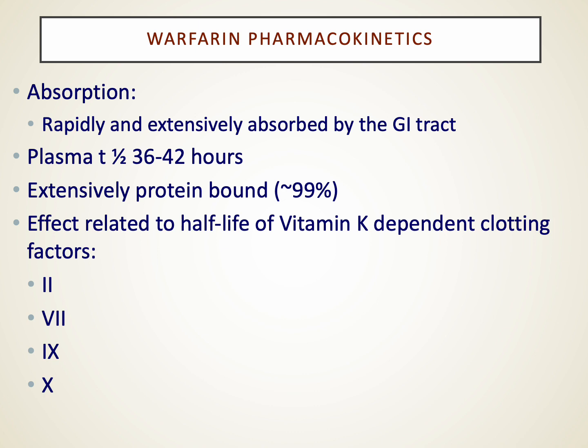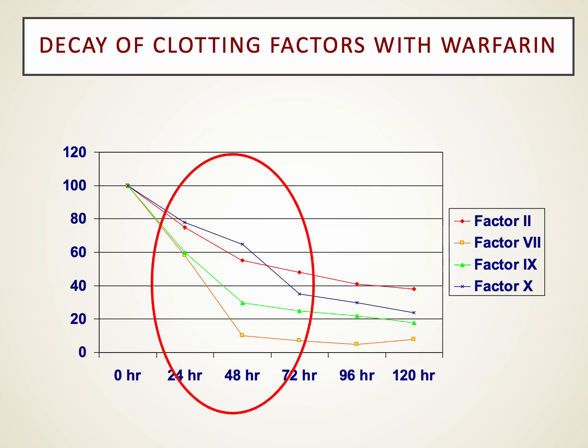Because, okay, let's say you fully interfered with a lot of the synthesis for factors 2, 7, 9, and 10. You won't begin to see an anticoagulant effect for a couple of days until the existing clotting factors 2, 7, 9, and 10 have begun to decay. So this graphic displays more or less what you'd expect to see for the decay of clotting factors over 24 to 48 hours.